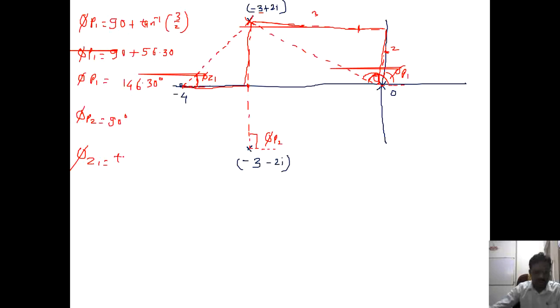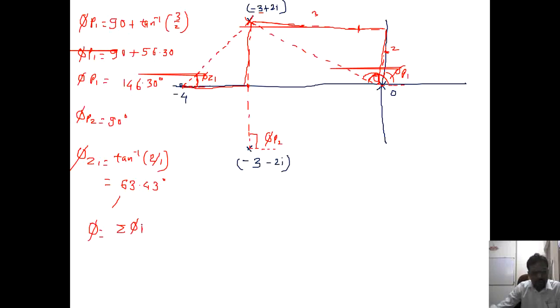So simply tan inverse of 2 by 1, 63.43 degree.